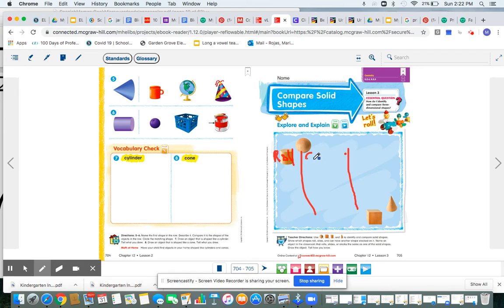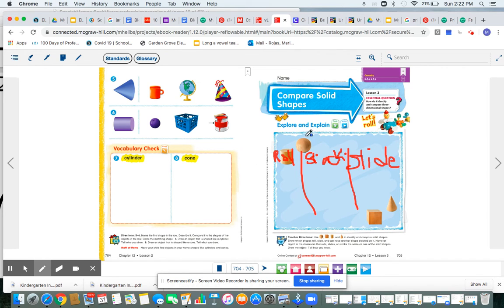I would stack all the ones that can stack. Stack. Sorry, I'm trying to write it. It's hard. I will stack it, or I can slide it. And then you draw them to identify which ones can slide or stack or roll, and draw them here.